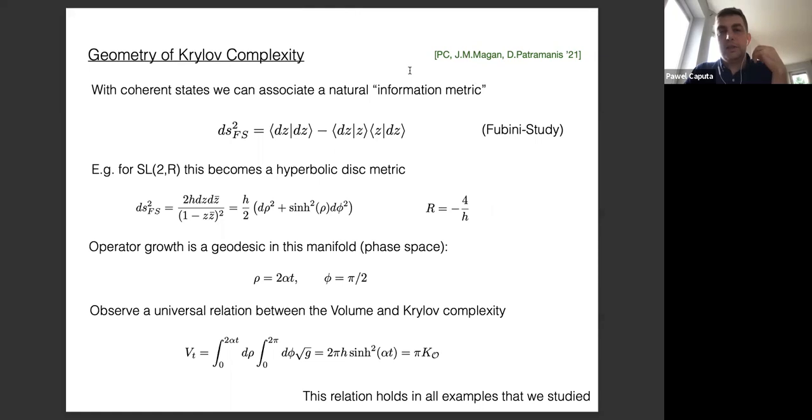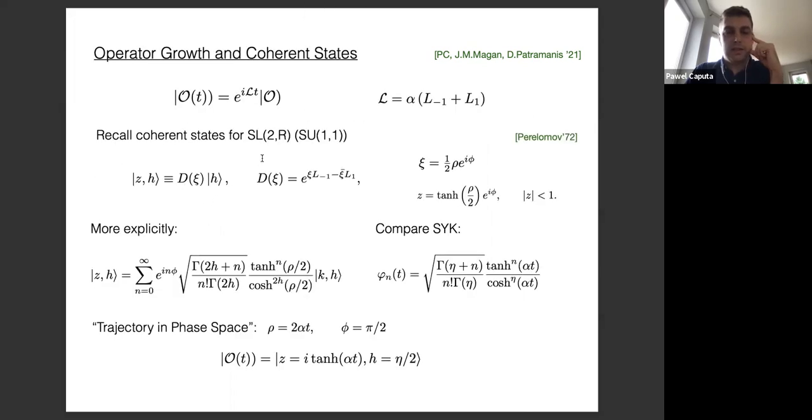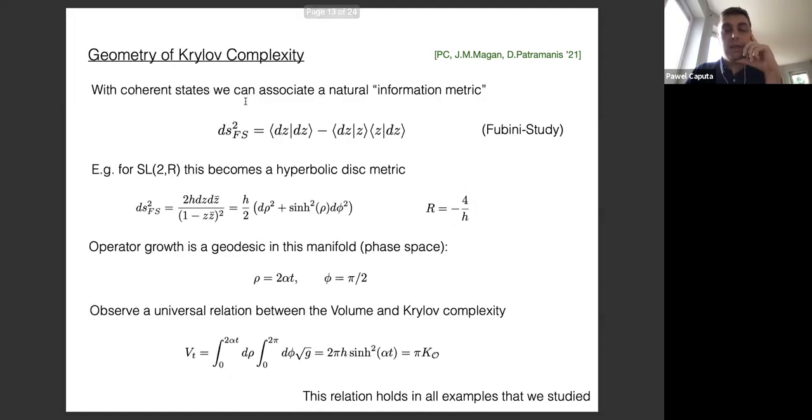In various communities, this goes under the name of information metric. So once we have this coherent state for these explicit examples, we can associate a natural metric in phase space, obtained simply by taking the variation dz and subtracting the overlap between the state and its variation.